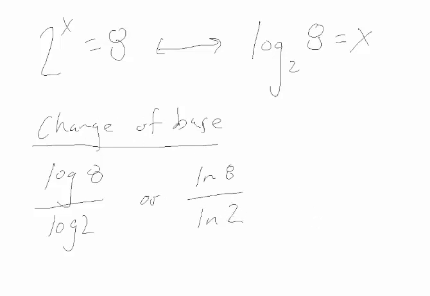I won't get into all the fancy algebra, but if I've got log base something of something else, it can be rewritten. So log of this number over log of that number, or ln of this number over ln of that number.